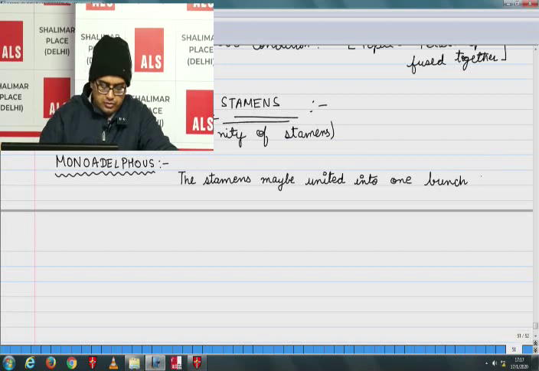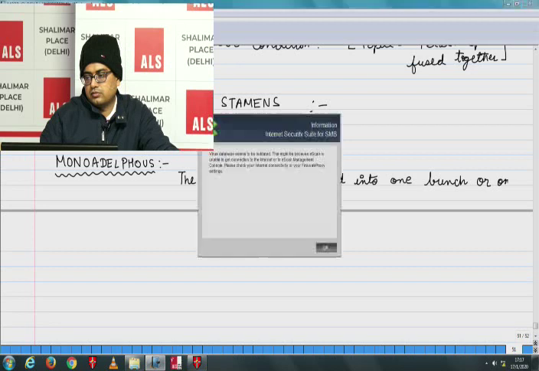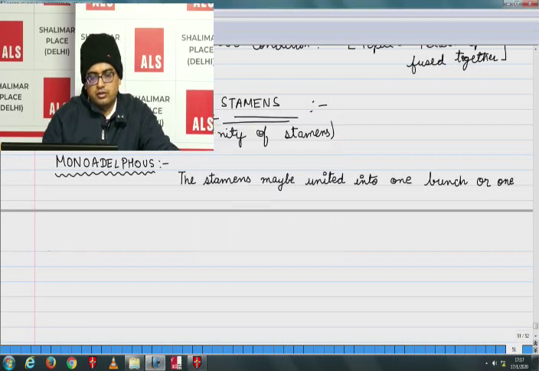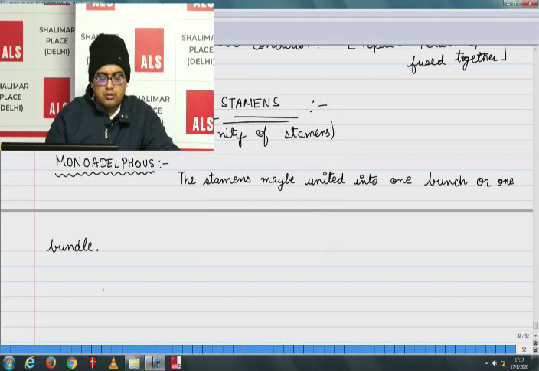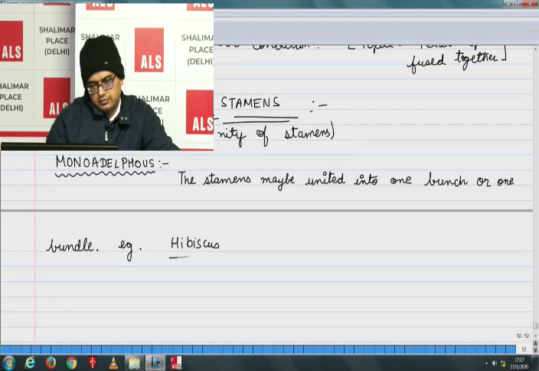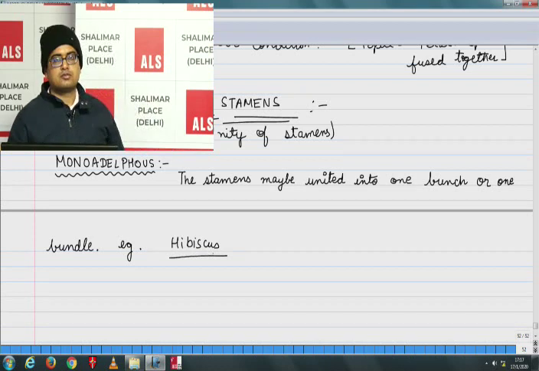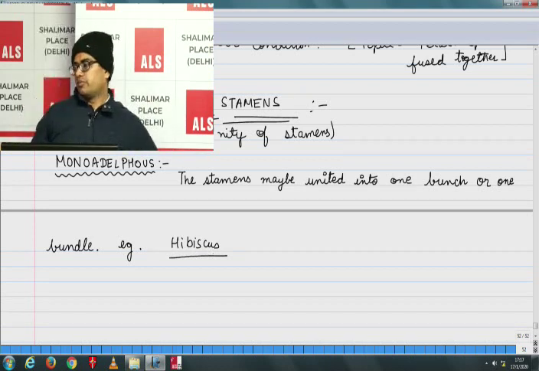The stamens may be united into one bunch or one bundle. It is called monoadelphous condition. Example, hibiscus. All the stamens are united together in one bundle.